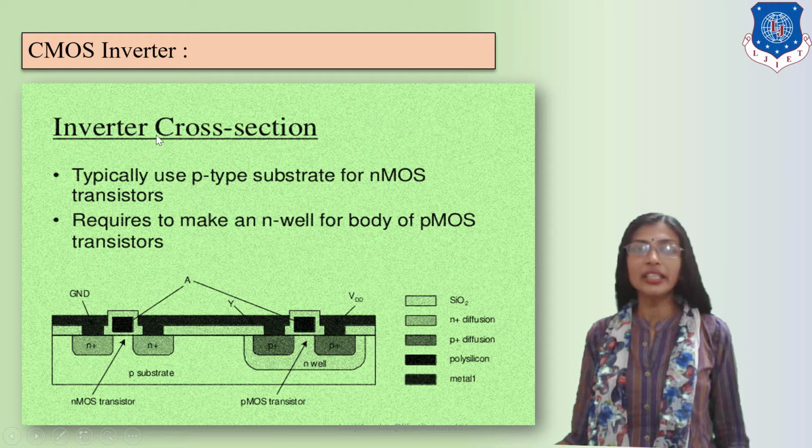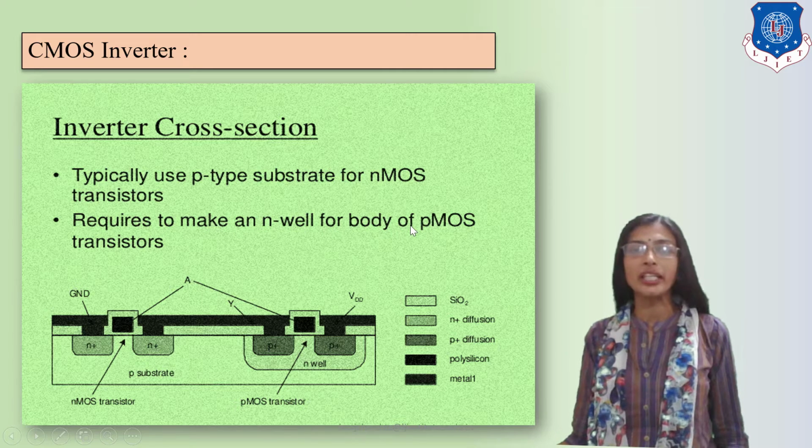This is inverter cross section. Typically use P-type substrate for NMOS transistors. Similarly, we will use N-type substrate for PMOS transistors. It requires to make an N-well for body of PMOS transistors.